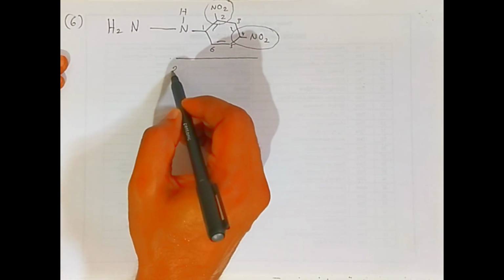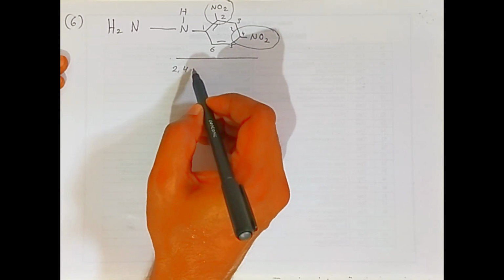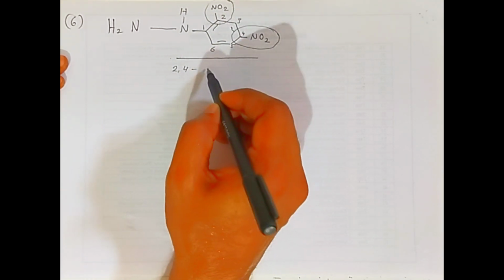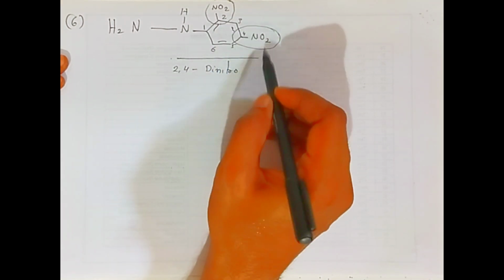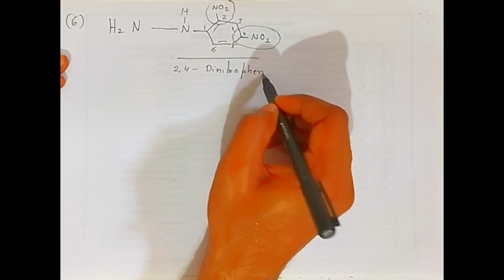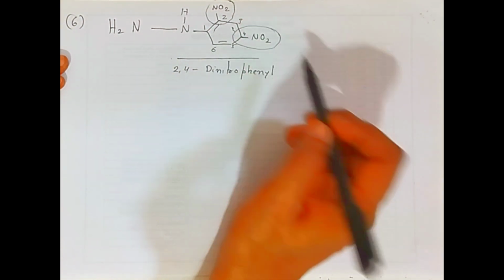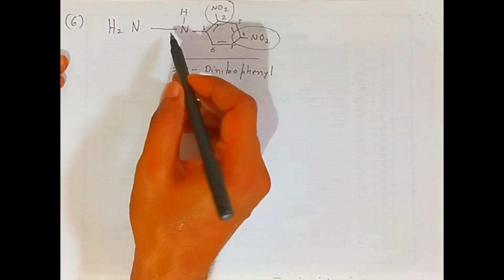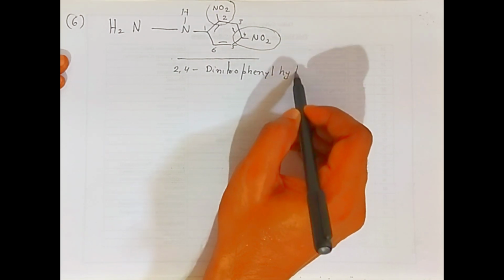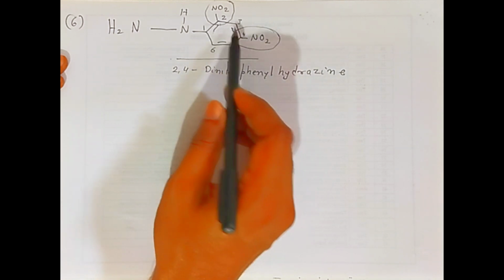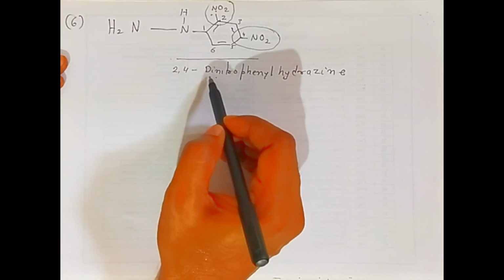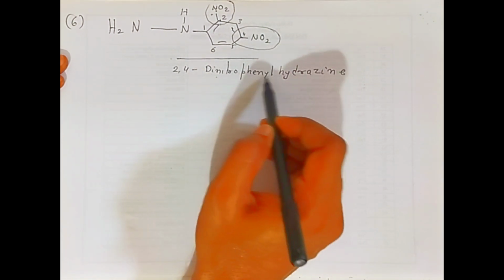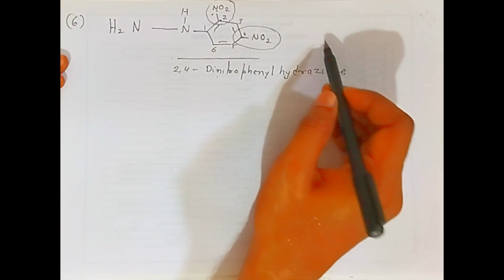So it is called 2,4-dinitro. With the phenyl group, we call it 2,4-dinitrophenyl. Because of this nitrogen connected to it, we call it hydrazine. Since there are two nitro groups, we use the word 'di'. So 2,4-dinitrophenyl hydrazine.